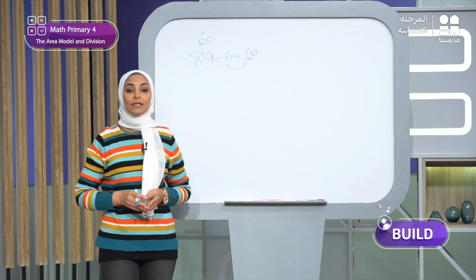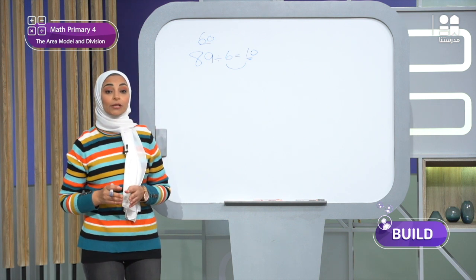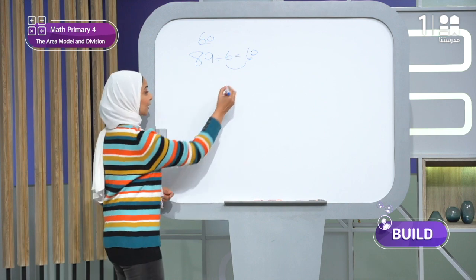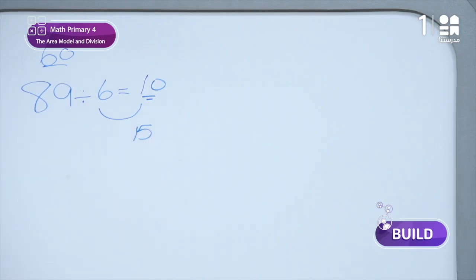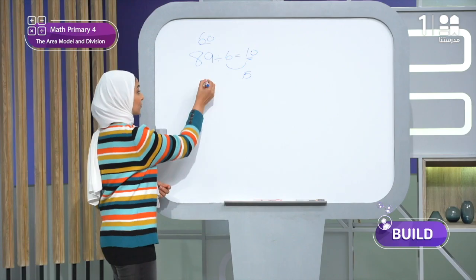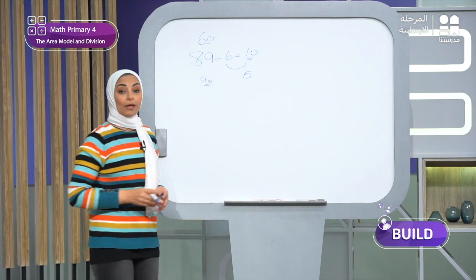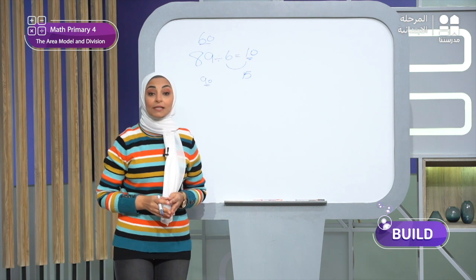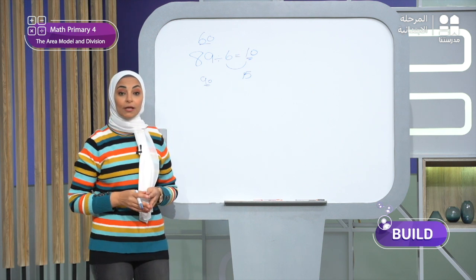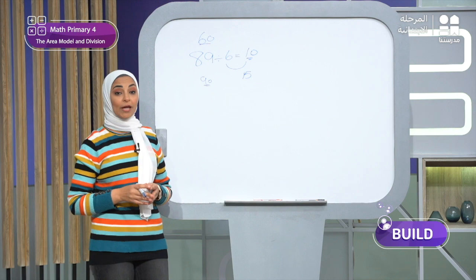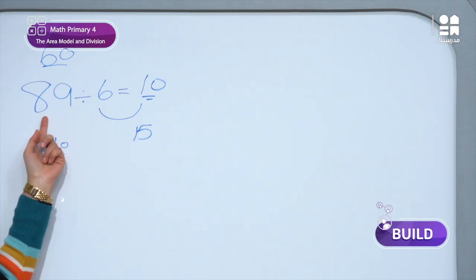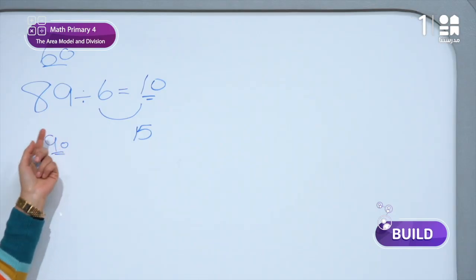If someone else estimated that each class would require 15 books, then 6 times 15 gives me what? Gives me 90, right? Okay, as you see here, 90 is close to 89, but it is bigger than the number of books we have, which is 89.